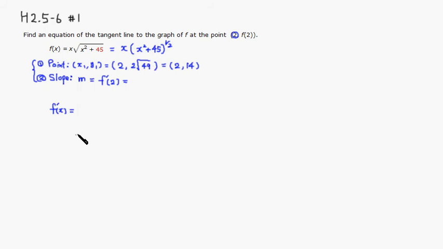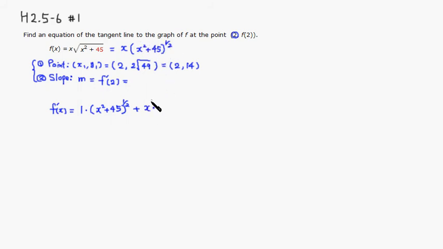Alright, so let's do that. Using the product rule, take the derivative of the first, which is 1, and multiply by the second, so you just copy the second: quantity x squared plus 45 raised to the 1/2 power. Plus the first, which is x, times the derivative of the second.